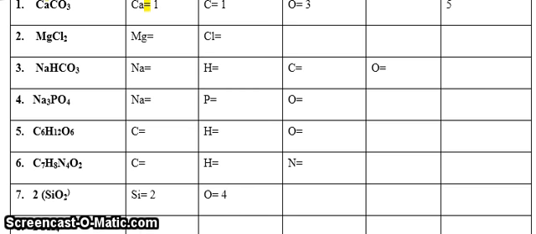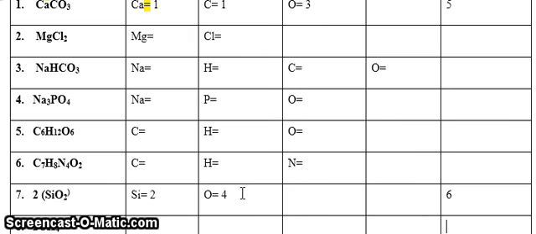Now you learned this in math as the distributive property, so everything after the coefficient gets distributed, so everything gets multiplied by 2. So 2 times Si, 2 times O, 2. And now if you add them up for the total, 4 plus 2 gives you 6.